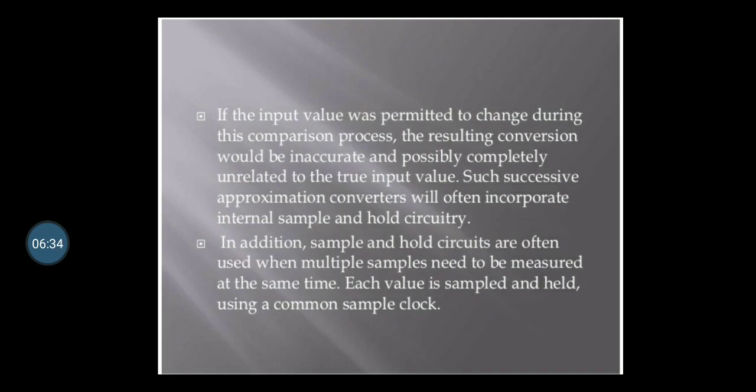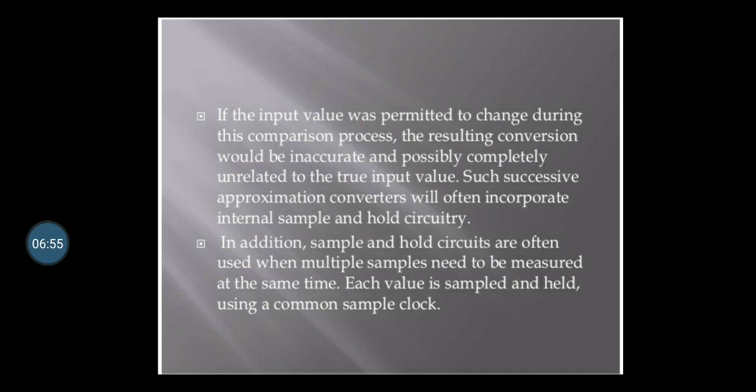If the input value was permitted to change during this comparison process, the resulting conversion would be inaccurate and possibly completely unrelated to the true input value. Such successive approximation converters will often incorporate internal sample and hold circuitry.